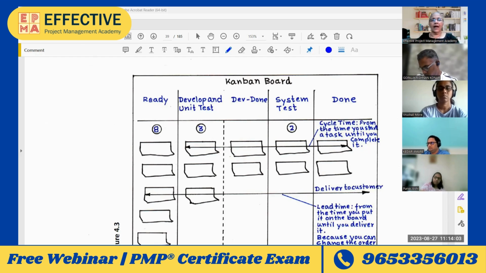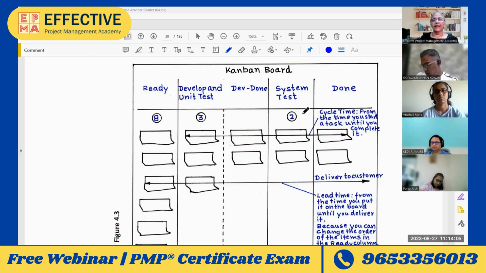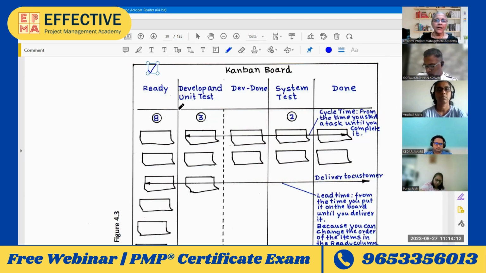So typically what's happening here? Here you can see that there are multiple Kanban boards. One board is the ready board. One board is the developers board, or it's split into two boards, and one board is for the system testing, and finally this is the done board.